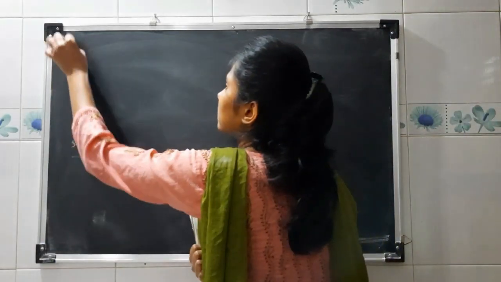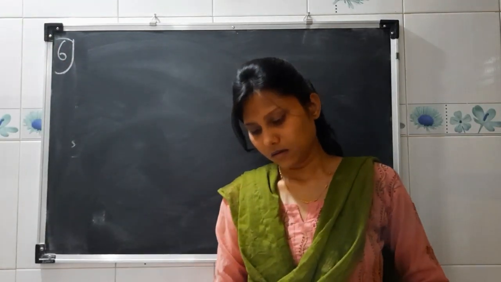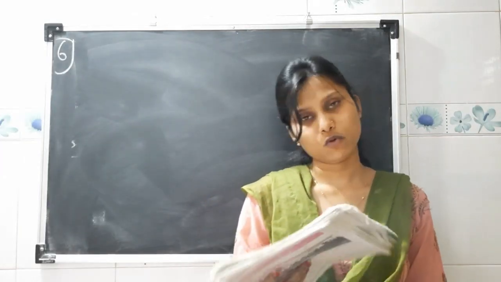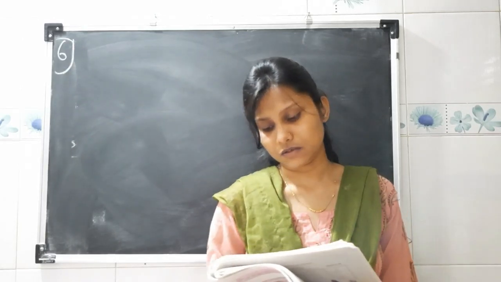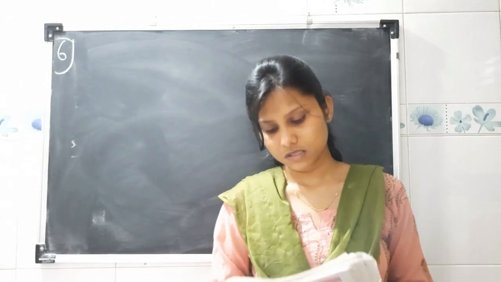Sixth one. It is the same type of question, so you can frame the question for it. Seeds worth rupees 2500, labor rupees 9700, chemicals and fertilizers rupees 5600, and selling price is rupees 28,640.